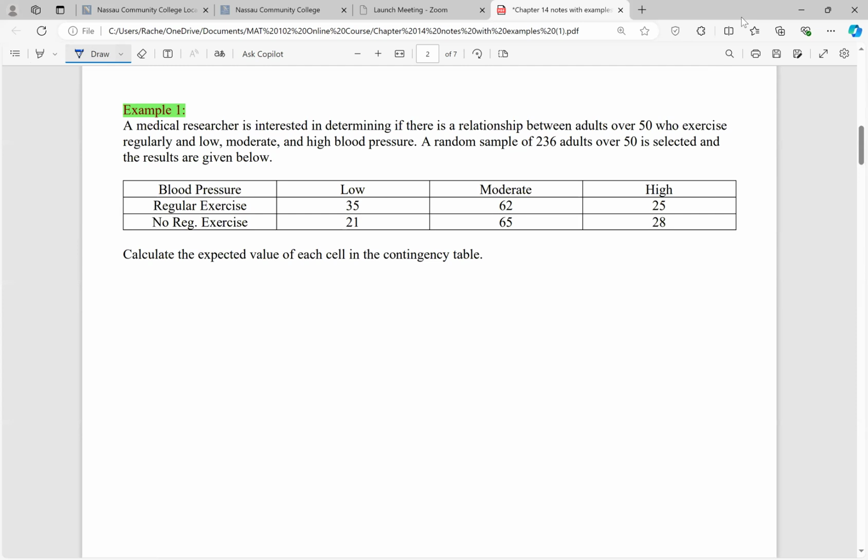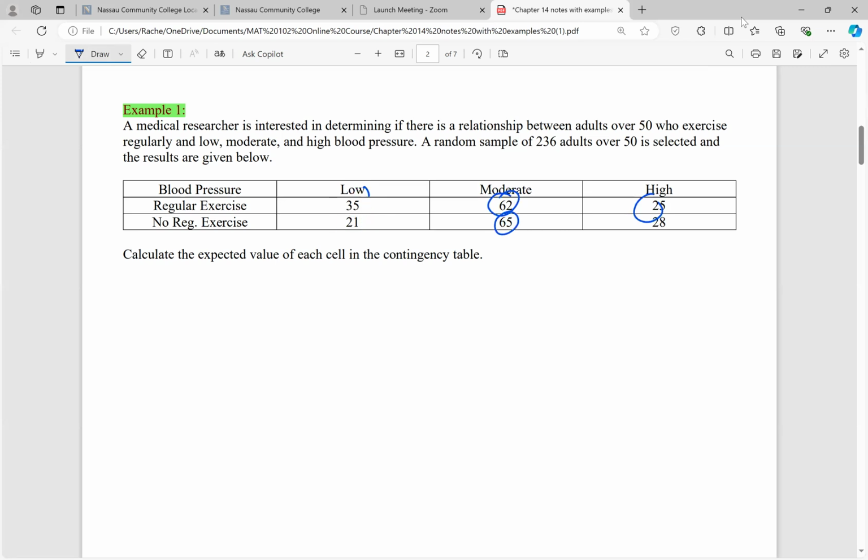So the people in this sample that we took of 236 adults that were over 50, we asked them about their blood pressure. Is it low, moderate, high? And if they regularly exercise or they don't get any regular exercise. We counted how many were in each classification, and we put the appropriate measures into each cell.